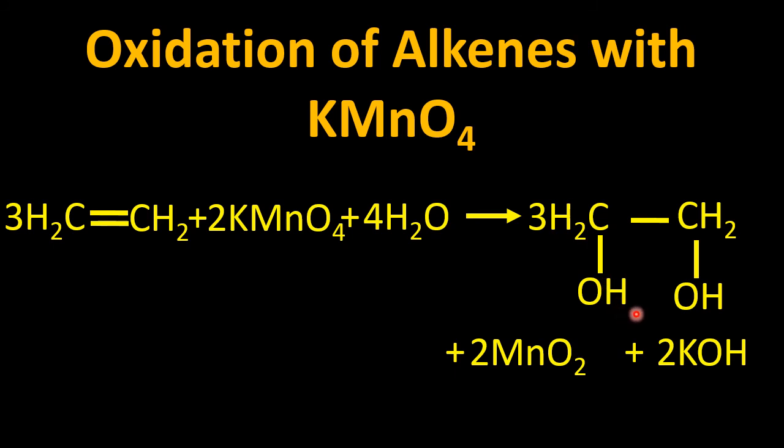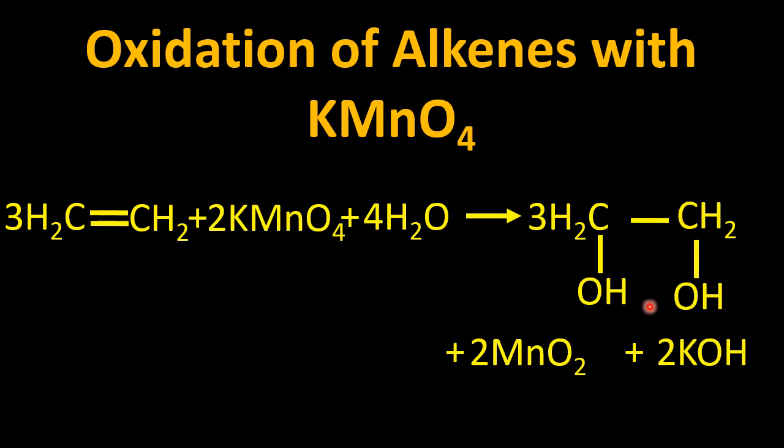So in the hydroxyl groups, we have 3 on carbon number 1 and 3 on carbon number 2. Or we can say that for 3 ethene molecules, we need 3 hydroxyl groups. So for 1 carbon, we have 3 hydroxyl groups. To satisfy the other carbon atom, we again need 3 hydroxyl groups.